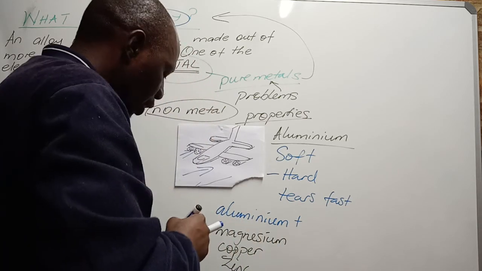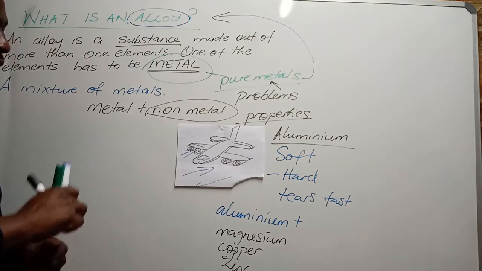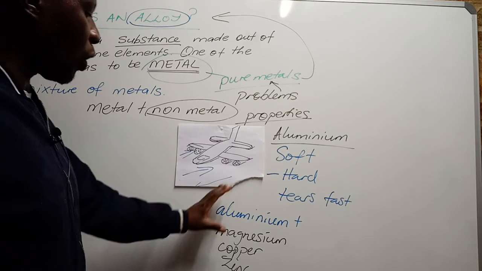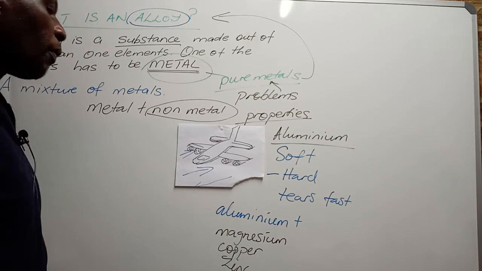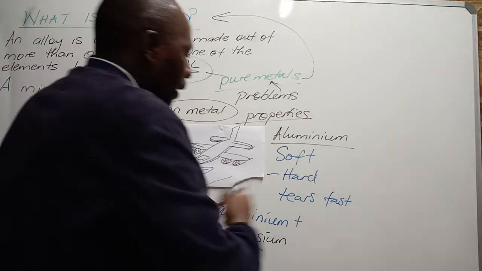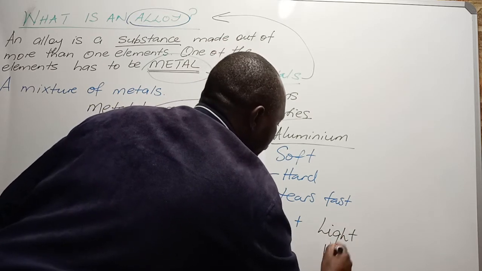Right. In mixing aluminium with magnesium, aluminium with copper, aluminium with zinc, or in mixing all of these, they came up with a very good property which became light and hard.